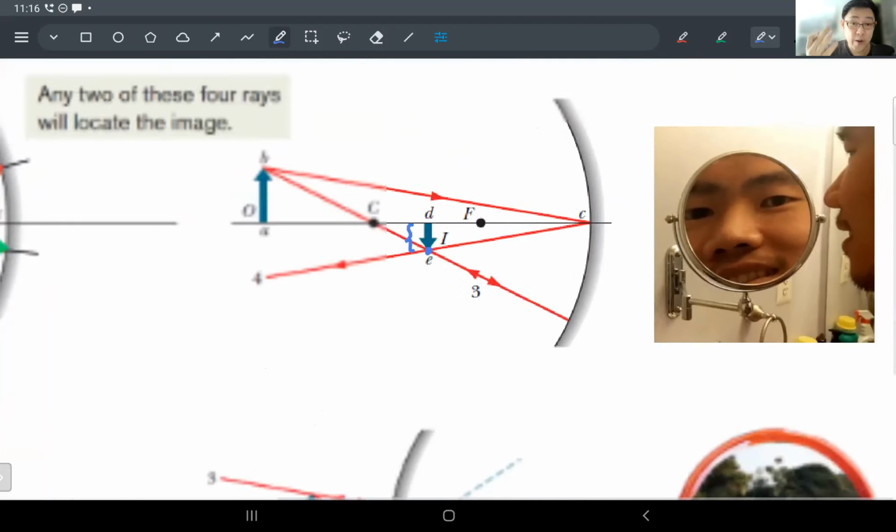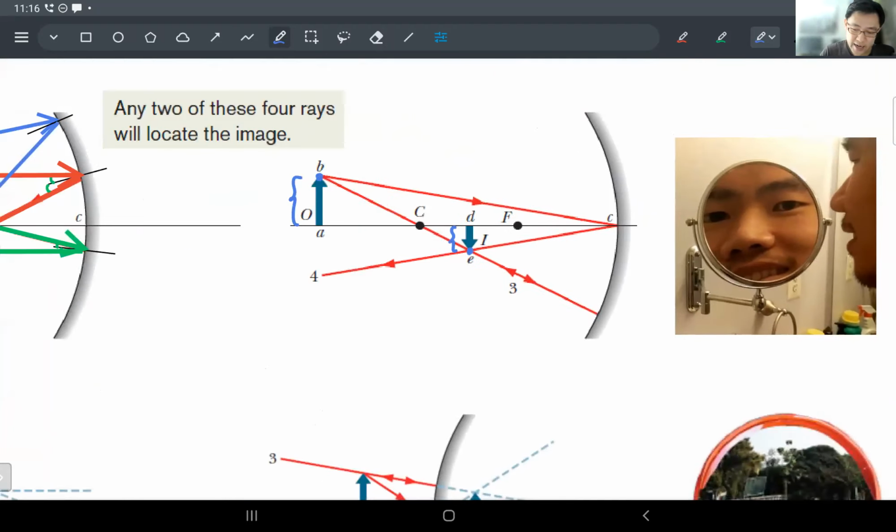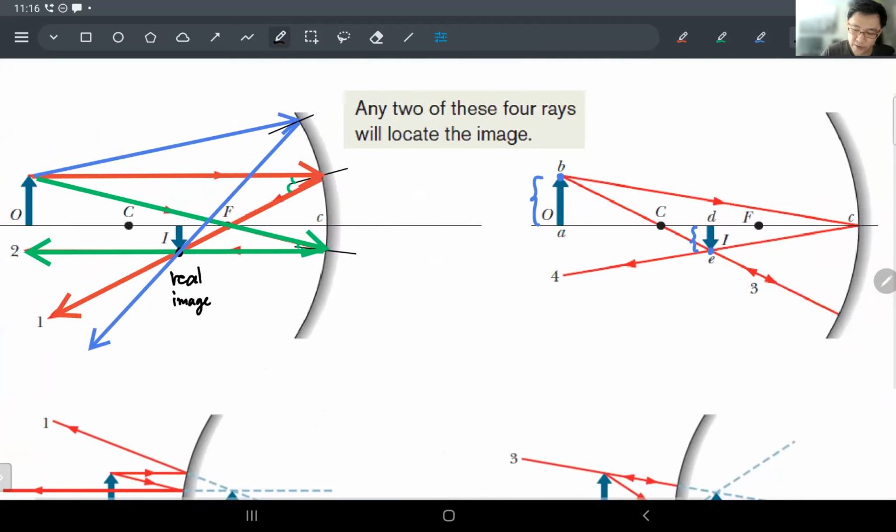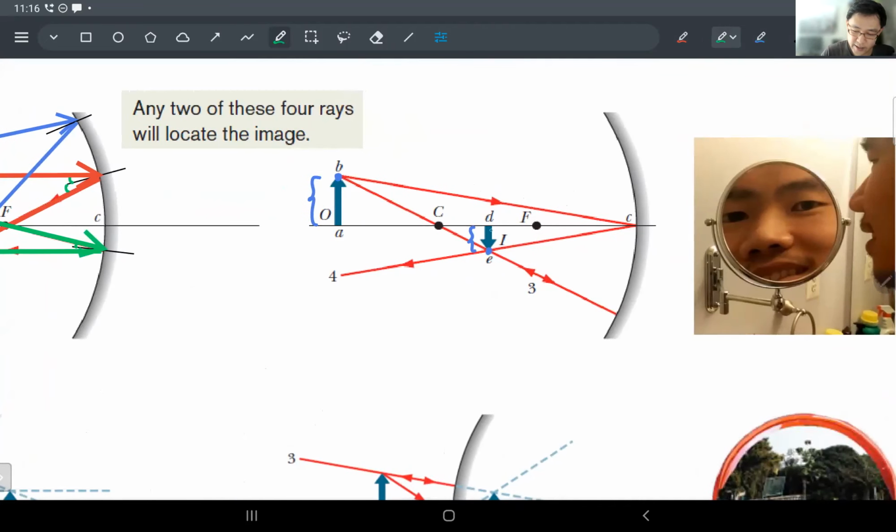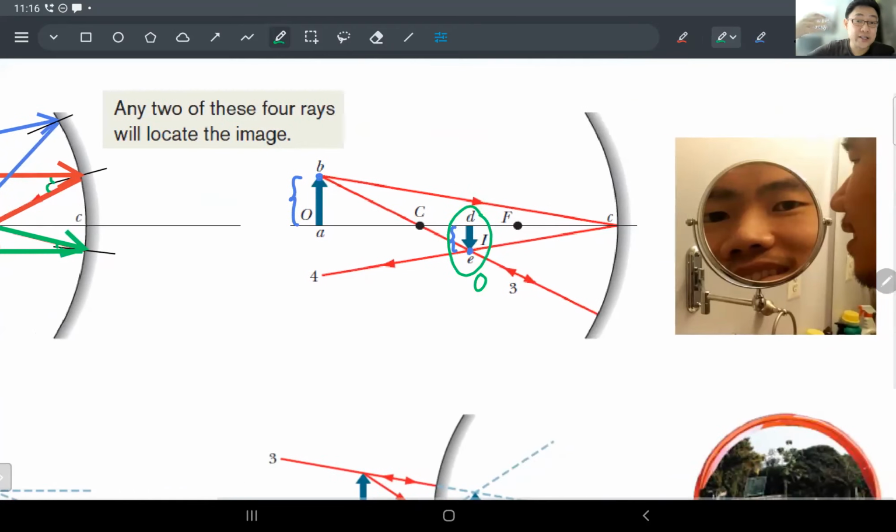Because when you put your face so close, now you switch the role between the object and image. So you can imagine that you place your face right here, and now your face is showing up here. Now this is all objects, okay? And because light travels in a straight line, you can reverse all the rays and everything just goes back, and then you're going to have this as your image instead.